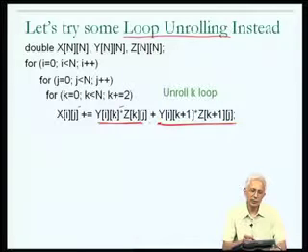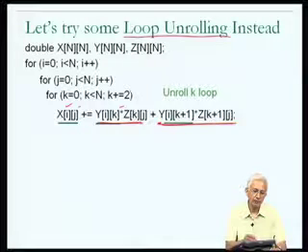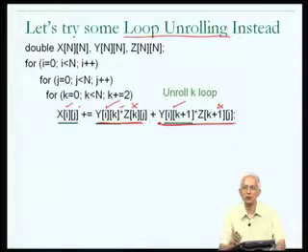If you look at the unrolled version of the loop, once again the x of i j is a good reference, y of i k is a good reference, y of i k plus 1 is still a good reference, because the column subscript is based on the k loop, which is an innermost loop. And once again the z references of z of k j and z of k plus 1 j are both bad references. So that has not changed. In terms of coloring, I will say that this is good, this is good, this is good, this is bad, and this is bad. That has not changed.